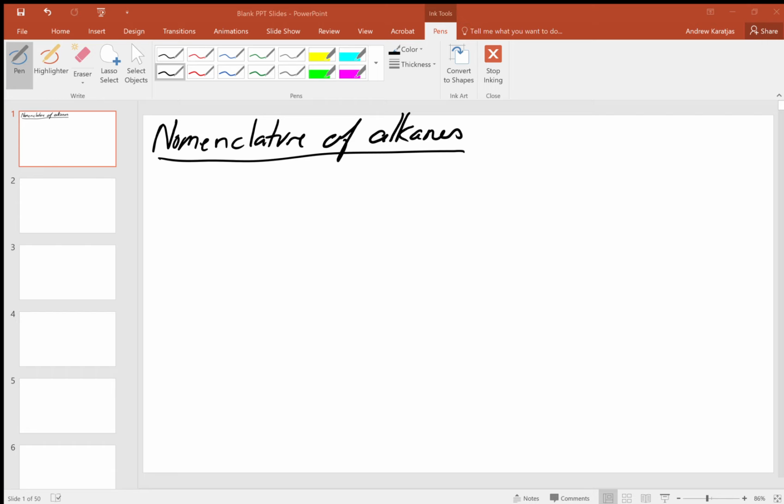With that, we also want to say that the nomenclature is very systematic. There's a very distinct set of rules that we follow. Anytime we need to name an organic molecule, we follow that set of rules and that set of steps. The system of nomenclature we use is referred to as the IUPAC system.